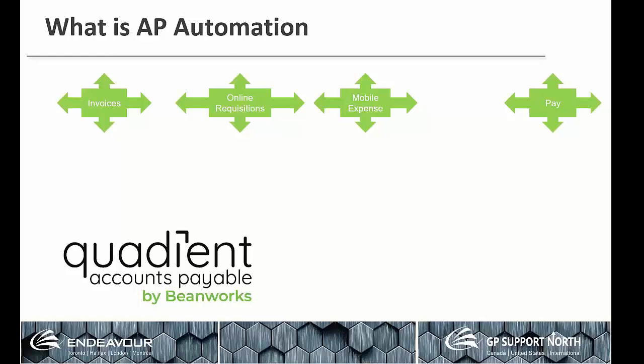So what is AP automation? We have invoices that we want to be able to get into Microsoft Dynamics. We have online purchase requisitions we want to have in sort of a portal approach to our larger user community. We have mobile expenses using phones, using laptops, submitting stuff, and really replacing that sort of traditional Excel spreadsheet submissions.